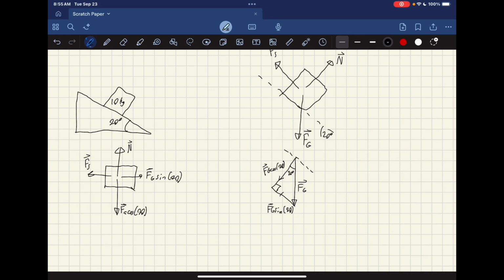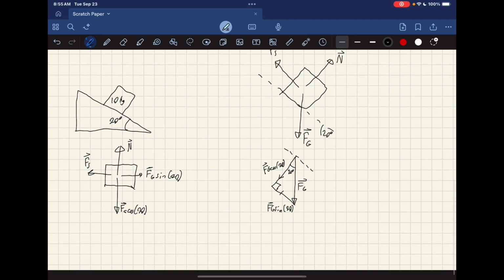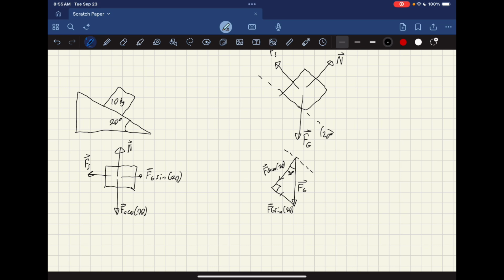And then as a characteristic of systems that aren't moving, remember this is a static system, Fg sine of 20 is going to equal the force of static friction, because they're going to point in opposite directions and the system isn't going to move. And then the normal force and the gravitational force in the y direction will also cancel each other out.